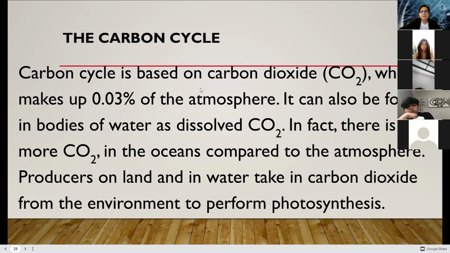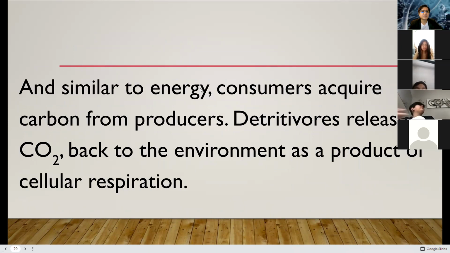Producers on land and in water take in carbon dioxide from the environment to perform photosynthesis in the light-independent reaction. Again, carbon dioxide is used in photosynthesis, but not in the light-dependent reaction. It is in the light-independent reaction. And similar to energy, consumers acquire carbon from producers.